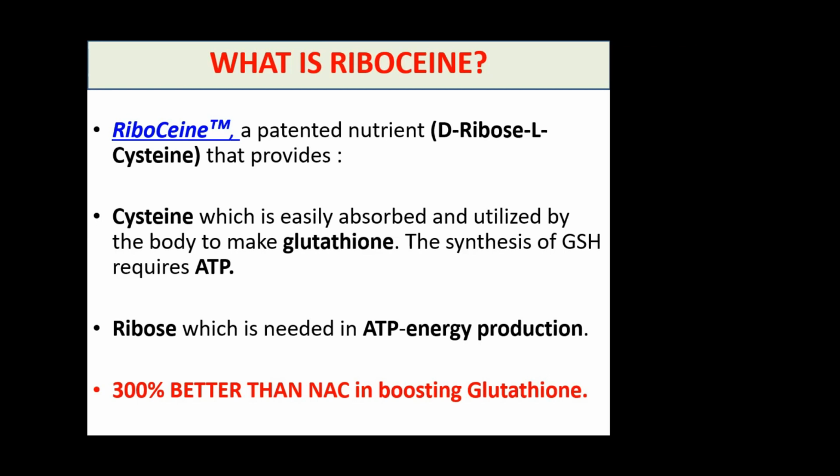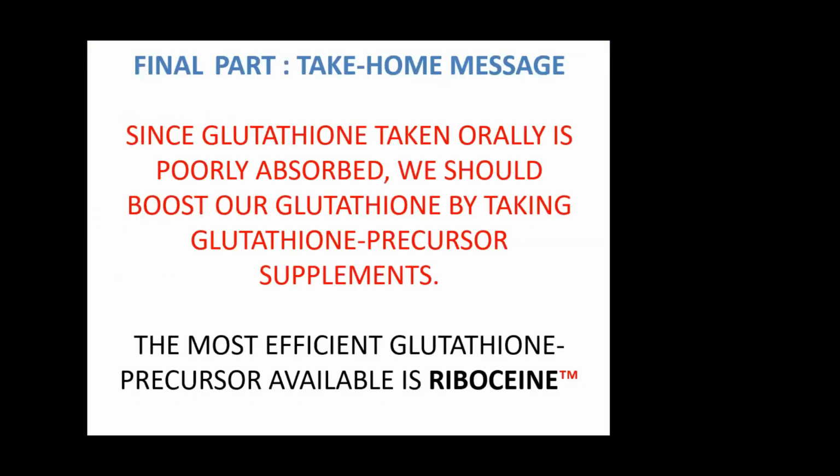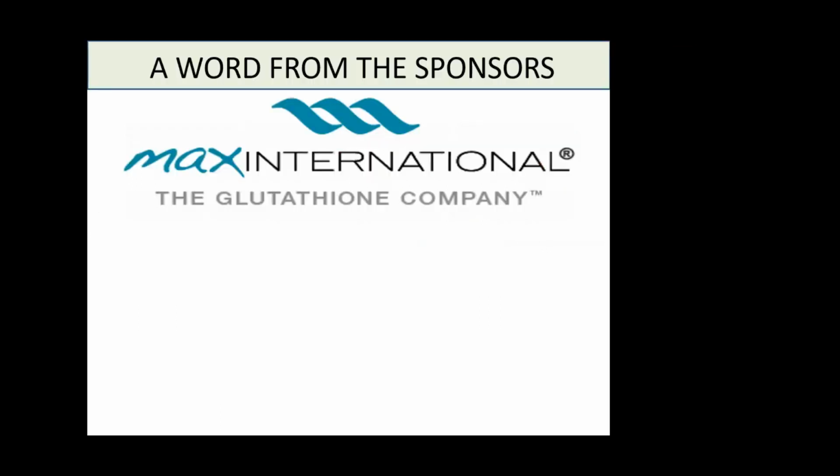So this most probably explains why ribosine is 300% better than the next best precursor, which is NAC or N-acetylcysteine. So, final part, take-home message: since glutathione taken orally is poorly absorbed, we should boost our glutathione by taking glutathione precursor supplements, and the most efficient glutathione precursor available at the moment is ribosine.